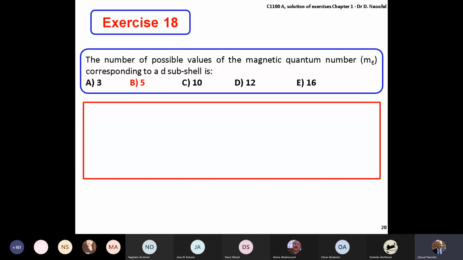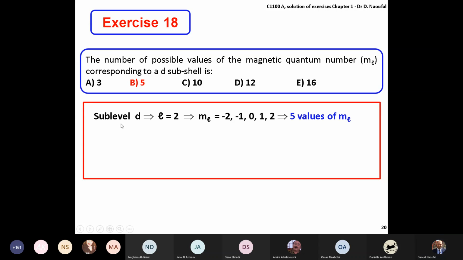If I have two values of ML, I have two rooms, and two rooms can contain a maximum of 4 electrons. What is the meaning of D? Sublevel D means L equal 2.